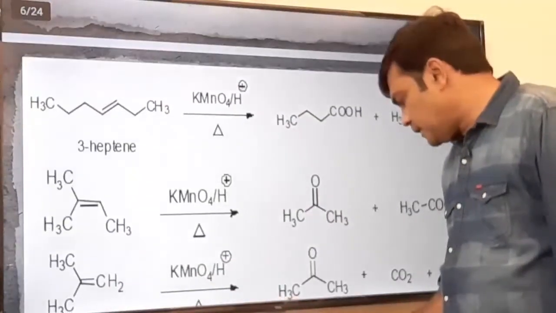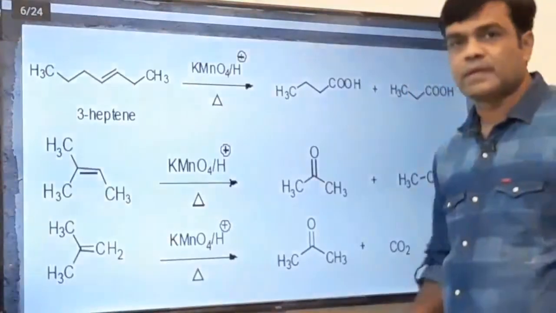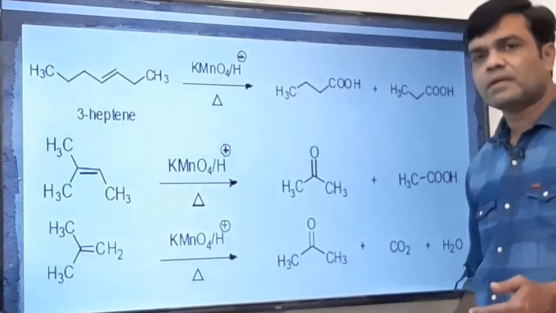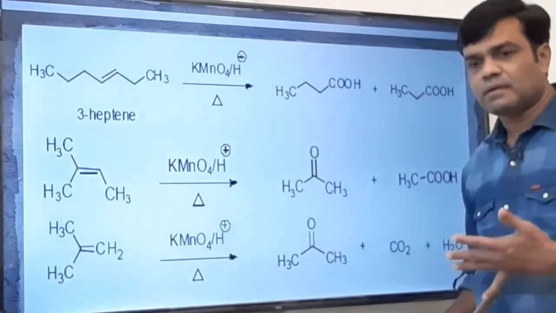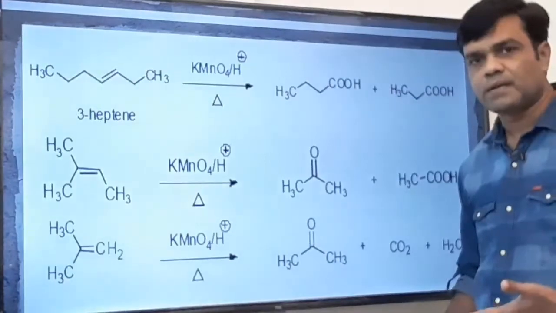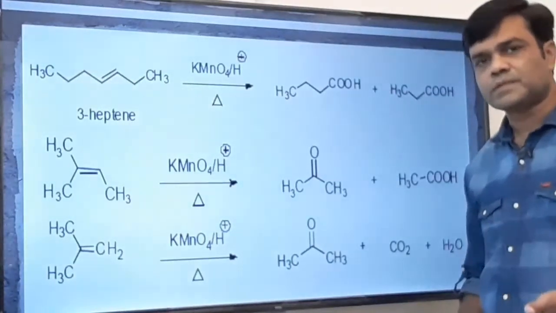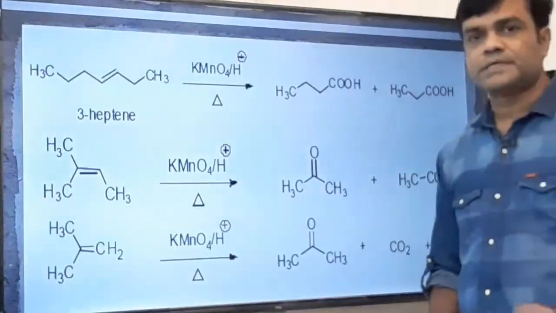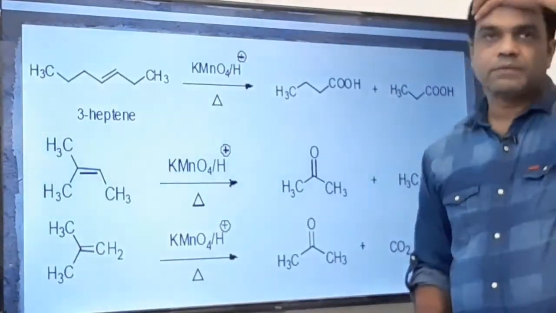Now see the acidic condition. In alkaline medium, OH-OH addition; in neutral, after formation of two OH groups across the carbon-carbon double bond, that is diol formation, one OH group is oxidized to ketone. In acidic condition, oxidative cleavage takes place. What do you mean by oxidative cleavage?